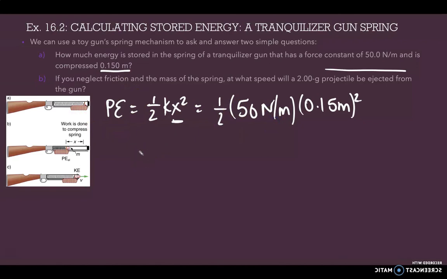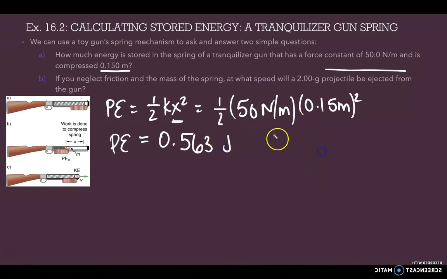Okay, so let's go ahead and plug that into our calculator. 0.5 times 50 times 0.15 squared. And that gives me an energy that's actually pretty low, 0.563 joules.